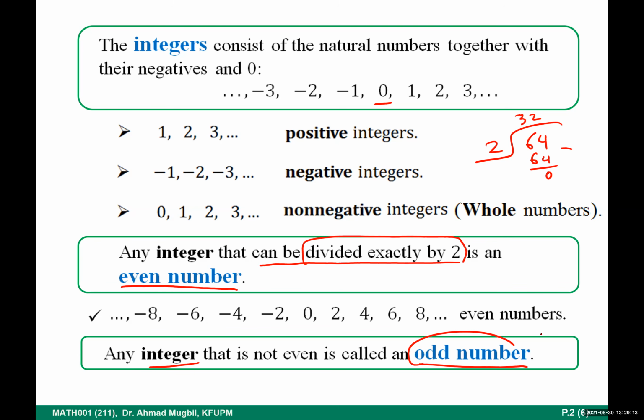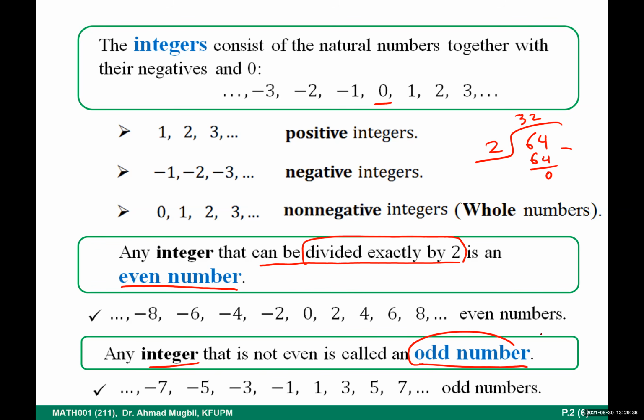What are the odd numbers? 1, 3, 5, 7, -1, -3, -5, and so on. Okay. Now, you can ask yourself, when we add 2 even numbers, what are we going to have, even or odd? When we subtract, when we multiply, when we divide, think about these issues. This is good for you to practice.